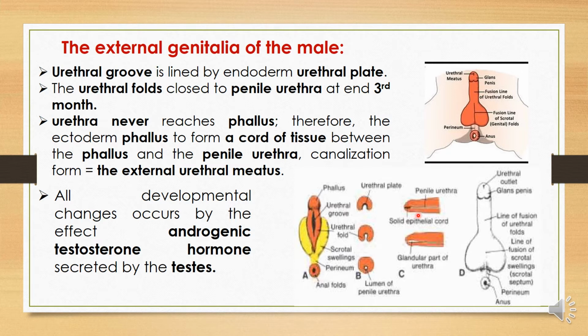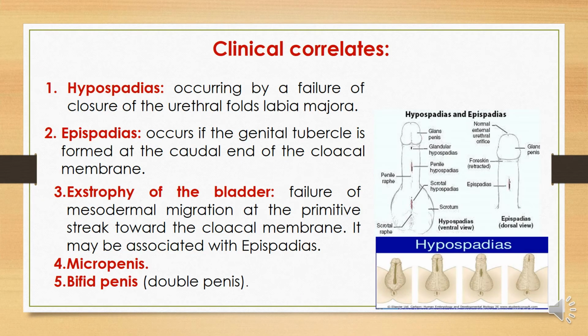Therefore, the ectoderm at the tip of the phallus invaginates to form a cord of tissue between the phallus and the penile urethra. Canalization of this cord will form the external urethral meatus. All these developmental changes occur by the effect of the androgen testosterone hormone secreted by the testes.